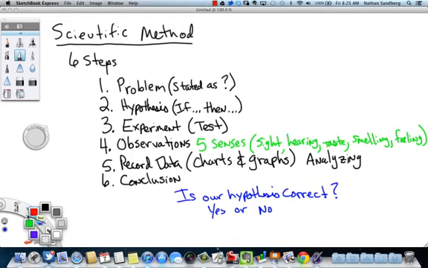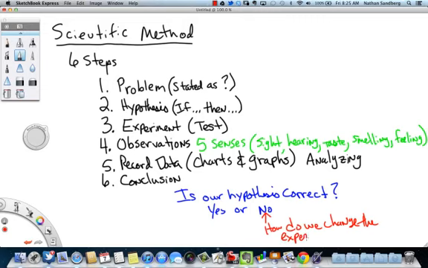I'll go red, okay? If it's no, right here, okay, how do we change the experiment? Okay, how do we change the experiment?